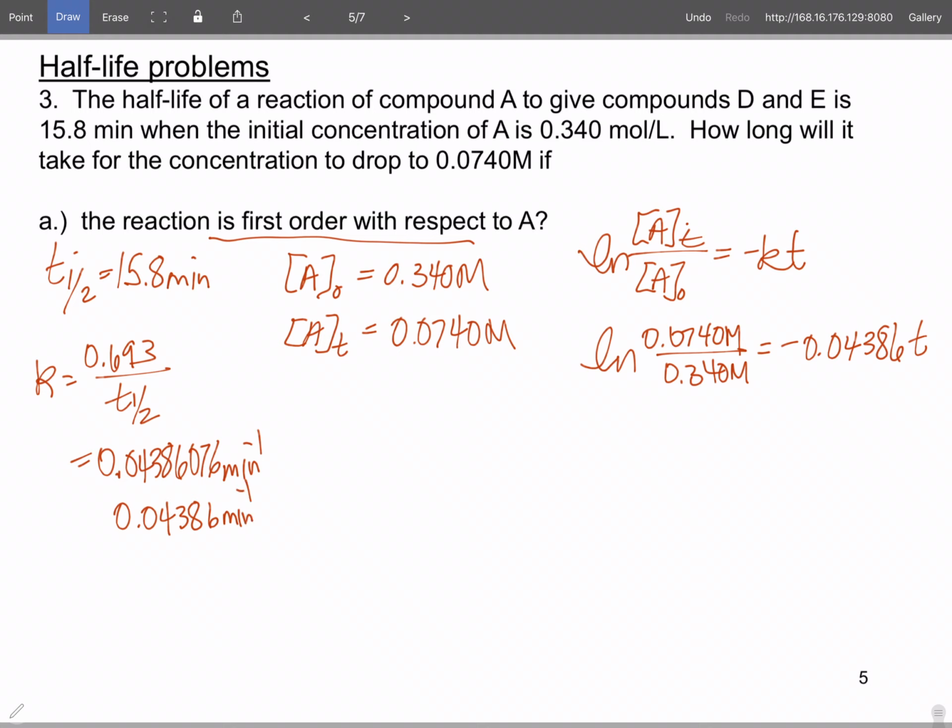So we find out that this is the natural log of 0.217647. Now, I'm not going to lie. I understand order of operations, and I understand my calculator and order of operations, but I hate parentheses. So I always put in the two amounts, run that, and then take the natural log of it. But you can do whatever way makes you happy.